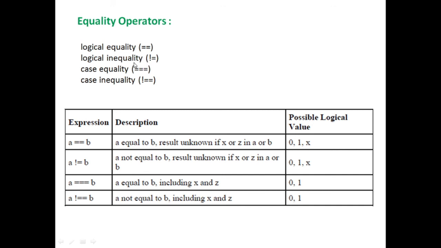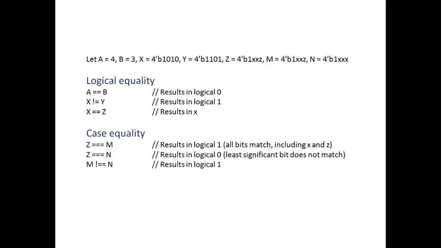Logical inequality means we use a negation, not equal, and case inequality is not with 2 assignment operators. So here the main thing to be astonished about is that logical equality operators will yield an x if either of your operands has x or z in its bits.